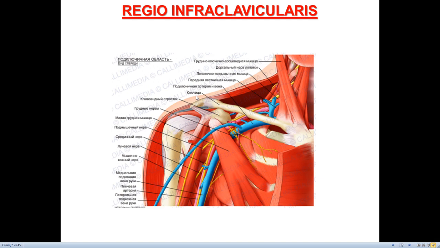Medially, the external margin of the sternum, and laterally, the anterior margin of the deltoid muscle.